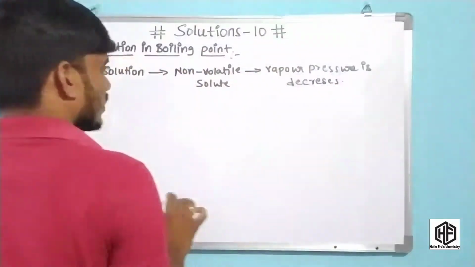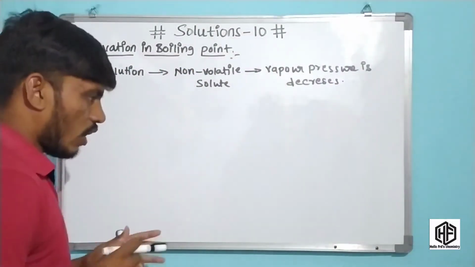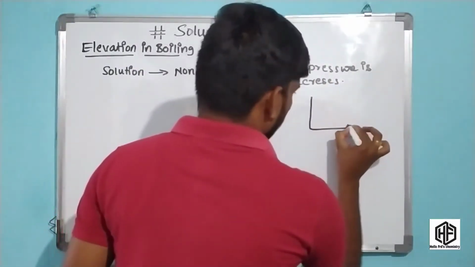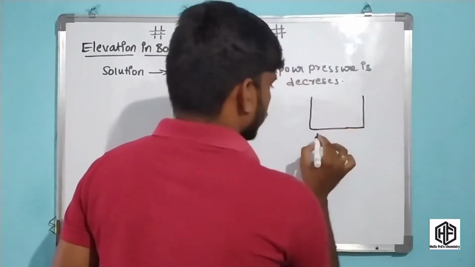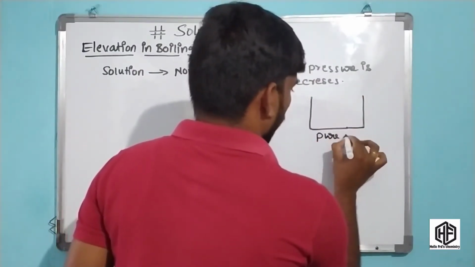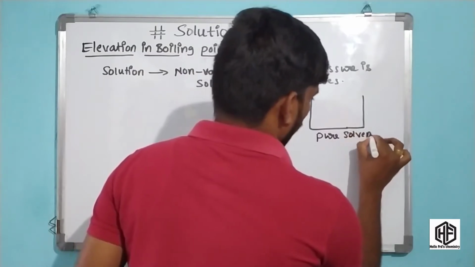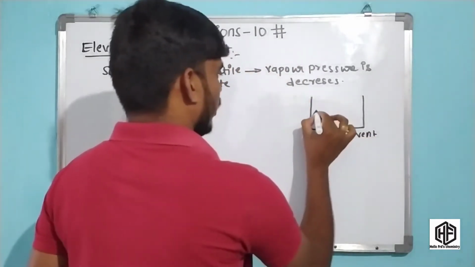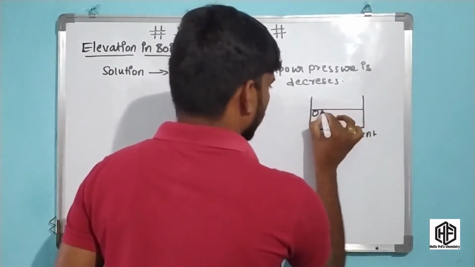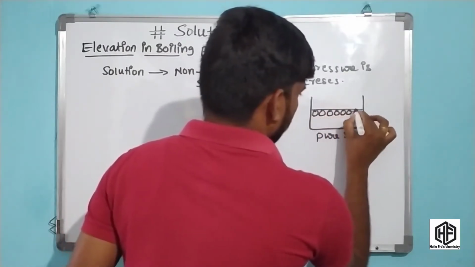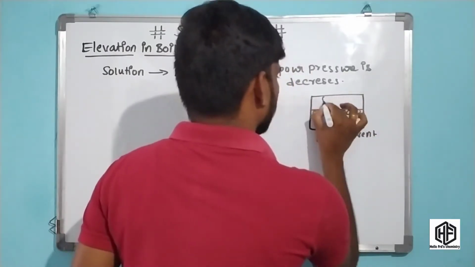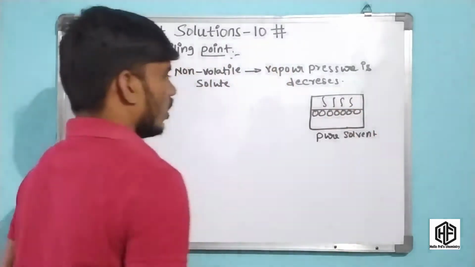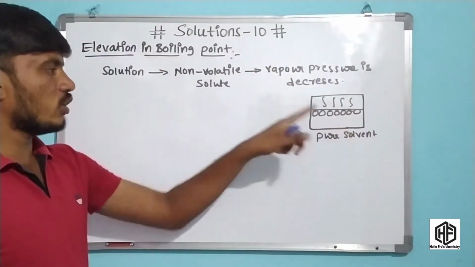Okay friends, vapor pressure decreases. Consider the pure solvent, which is called the pure liquid. The pure liquid is like this, and these are the vapors. The pure liquid is called the pure solvent.